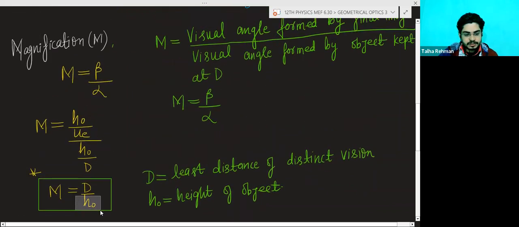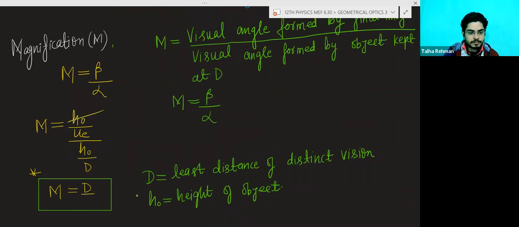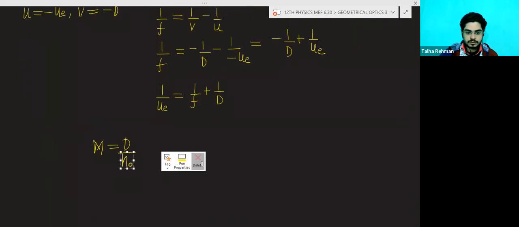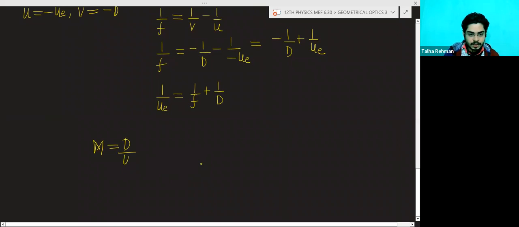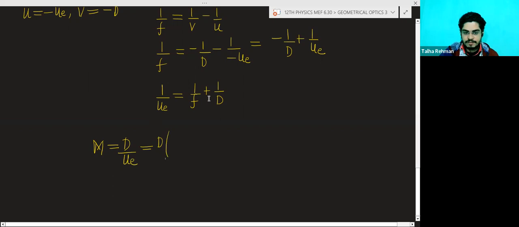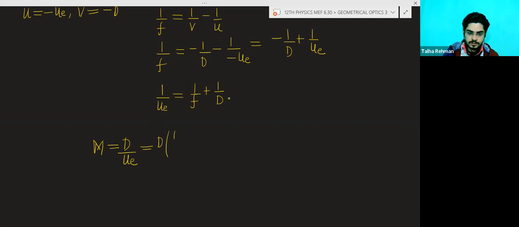D by UE it is. HO will be cancelled out from here. It will be D by UE. Okay, so now we have 1 upon UE. So we can write D, and 1 upon UE can be written as 1 upon F plus 1 upon D.